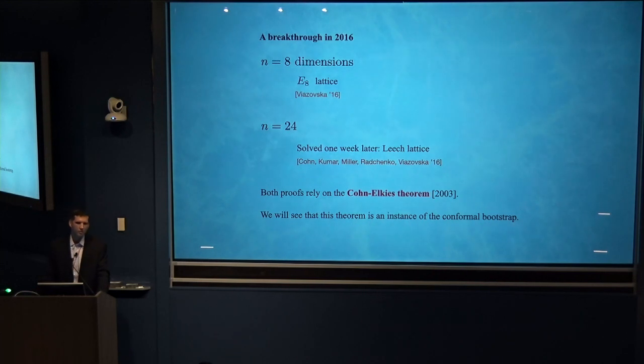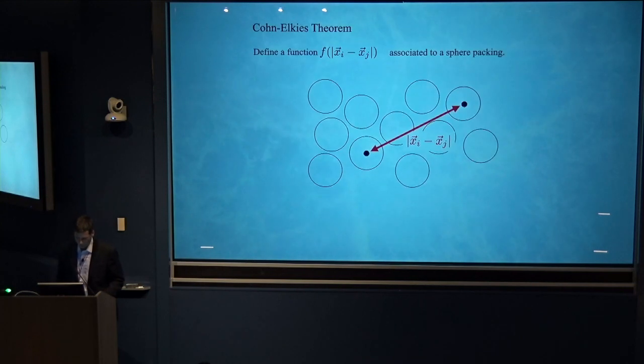What we're going to see is that physicists and mathematicians had both been studying this problem unknowingly at the same time. I won't go into detail, but I just want to give you some flavor for how it works. The idea, much like the bootstrap, is to turn a problem, in this case about spheres, into a problem about functions.